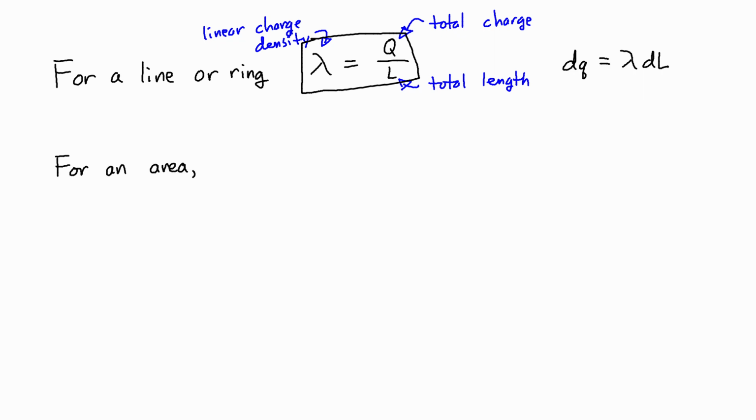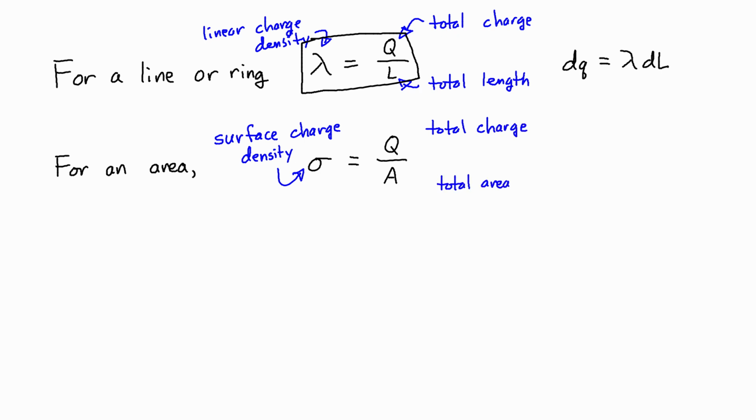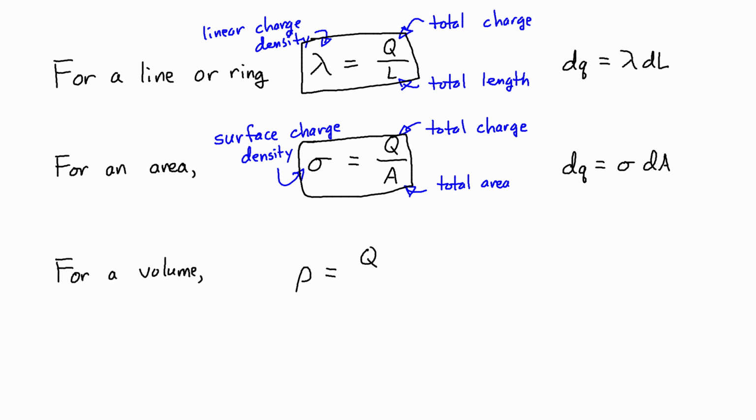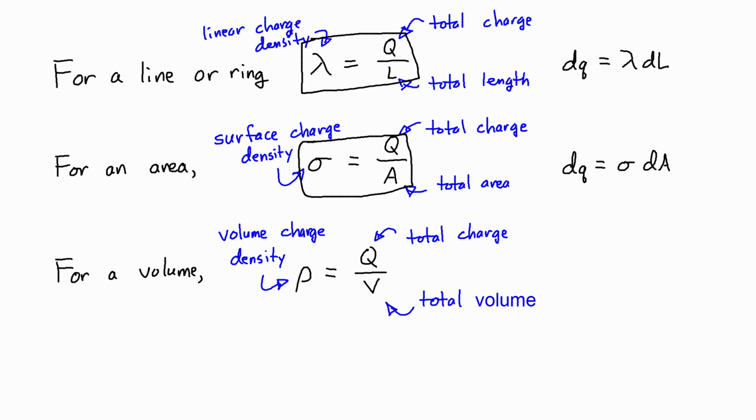Then for an area, we have something called the surface charge density with the symbol sigma, which is equal to the total charge divided by the total area. And then dq is equal to sigma times dA. And finally, for a volume, we have the volume charge density with the symbol rho, which is equal to the total charge divided by the total volume, and then dq is equal to rho times dV.